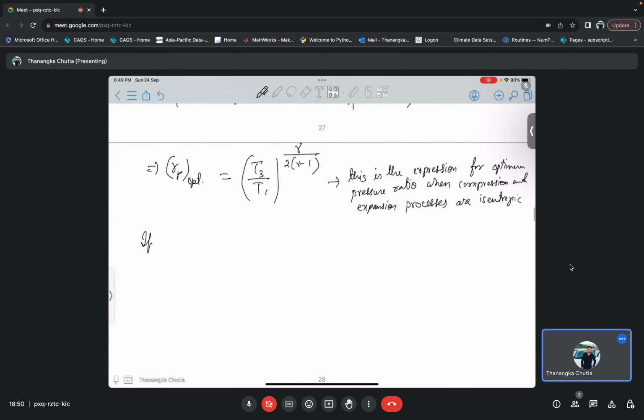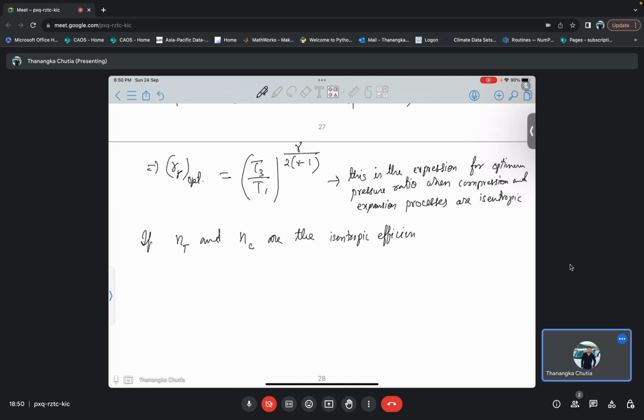Now if eta T and eta C are the isentropic efficiencies of turbine and compressor respectively, then what happens?